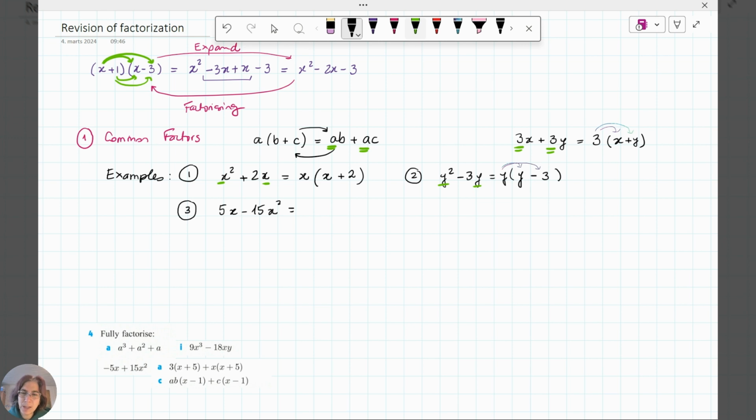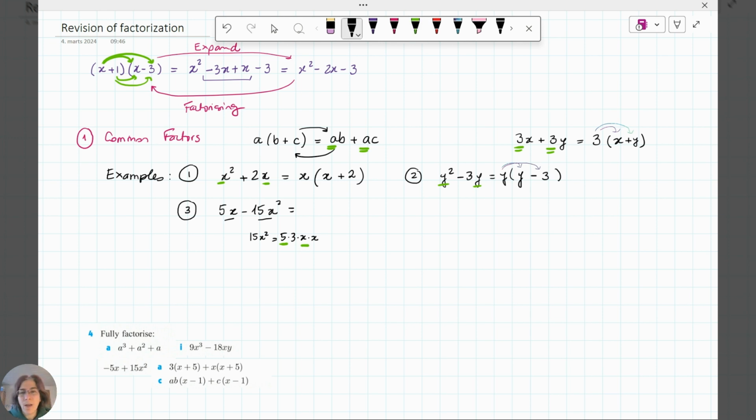You will see over here that 5 is a common factor between the two terms, and also x is a common factor. So there is a 5x here, but there is also 5x hiding in 15x squared, since we can write that actually 15x squared is the same as 5 times 3 times x times x, and if I spread it out like this, then we can clearly see that we have a 5 and an x over here.